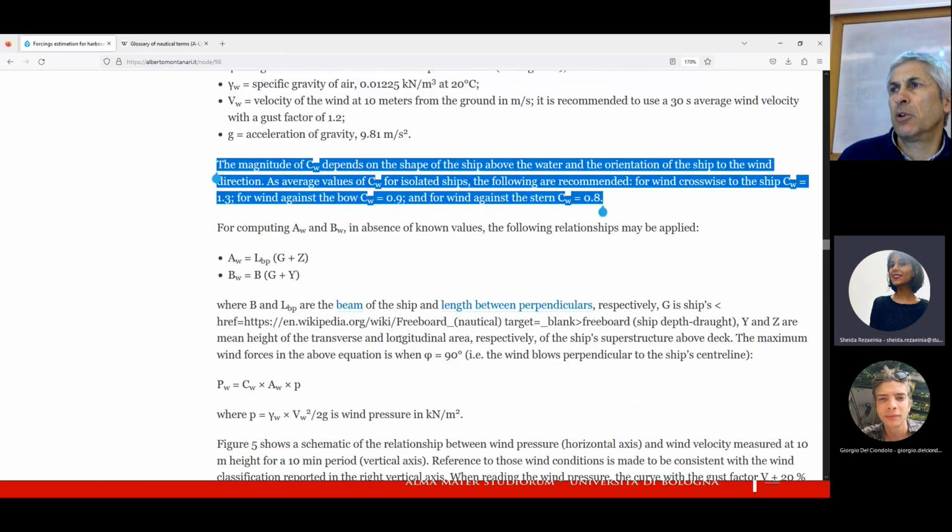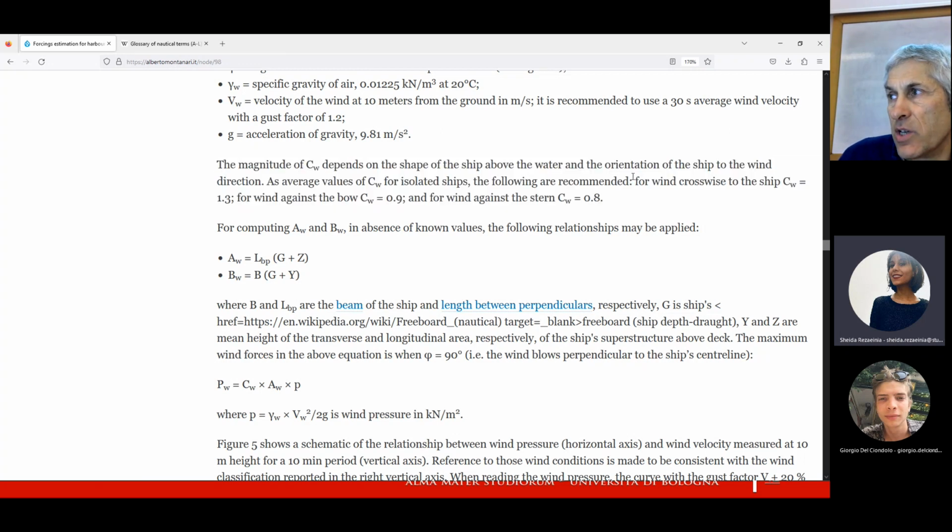The magnitude of CW depends on the shape of the ship. We are talking about the wind coefficient here above water, and the orientation of the ship has average value for isolated ships. The following values are recommended.